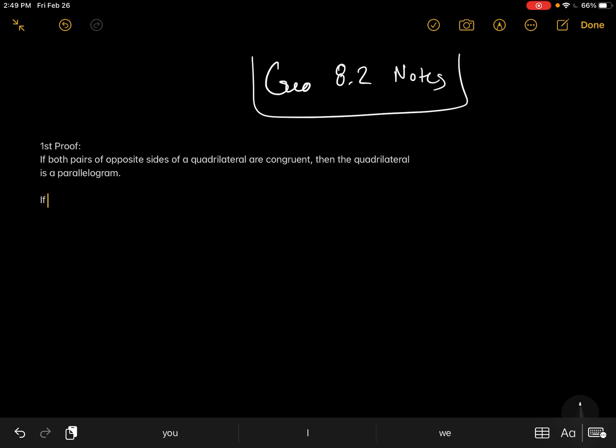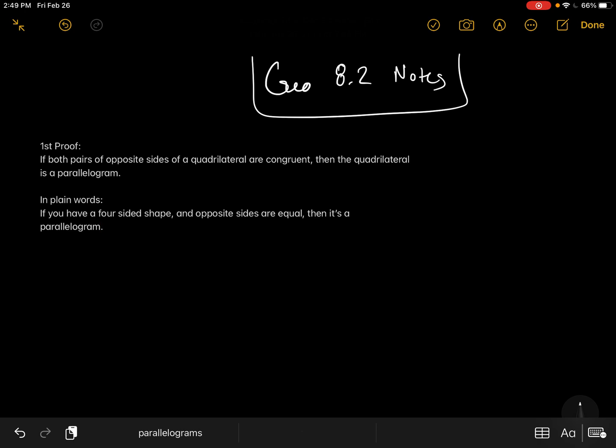In normal person speak, this is just saying if you have a four-sided shape and opposite sides are equal, then it's a parallelogram. So that's kind of the language that we can use for this. So I'll say that's our proof, and then this is just our plain words.